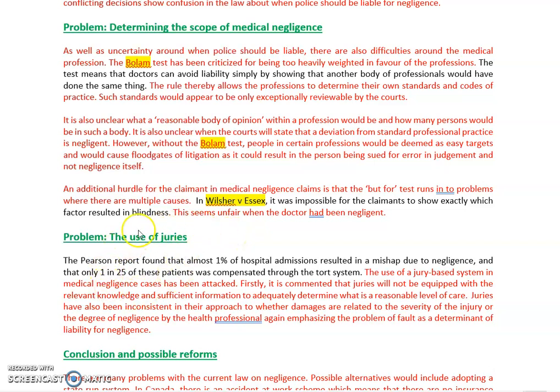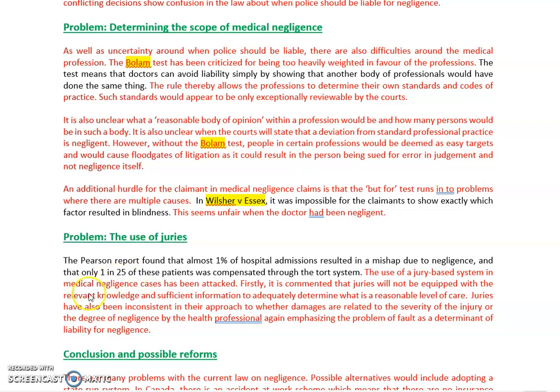Could also talk about the problem associated with juries. So the Pearson report found that almost 1% of hospital admissions resulted in a mishap due to negligence, and that only 1 in 25 of these patients were compensated. And the use of a jury-based system in medical negligence cases has been attacked related to this.